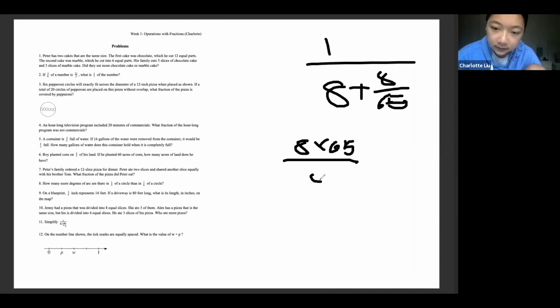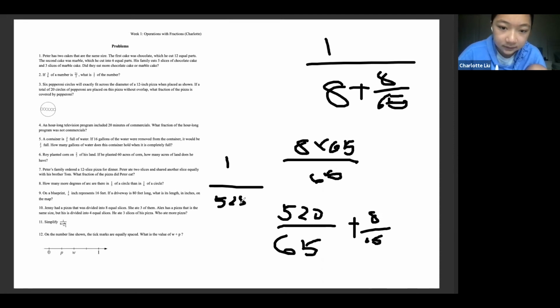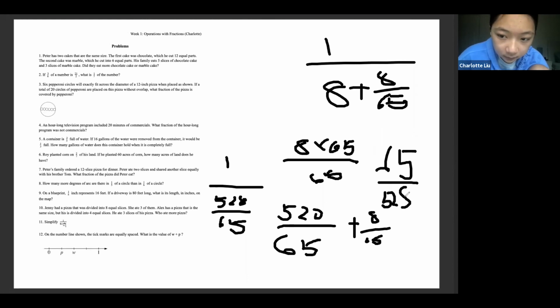And if you calculate that, you'll get 520 over 65 plus 8 over 65, which equals 1 over 528 over 65. And once again, since there's a 1 over it, you just flip it and you'll get 65 over 528.